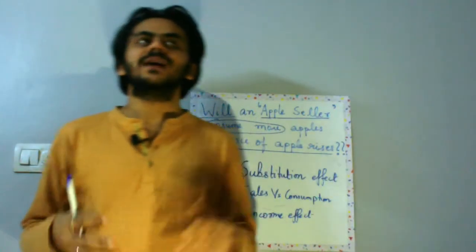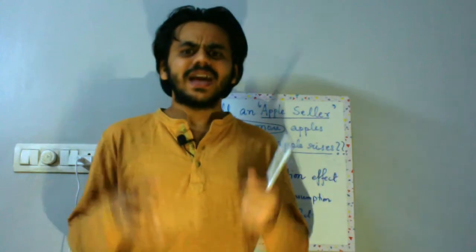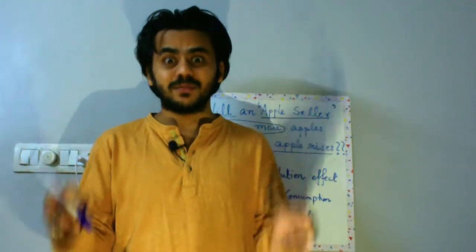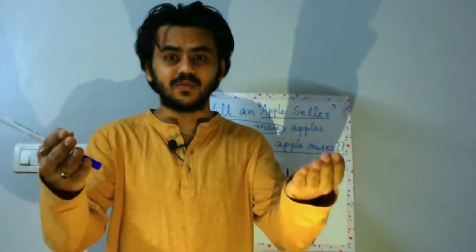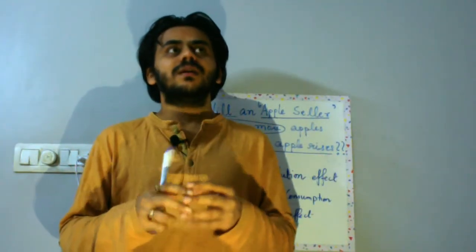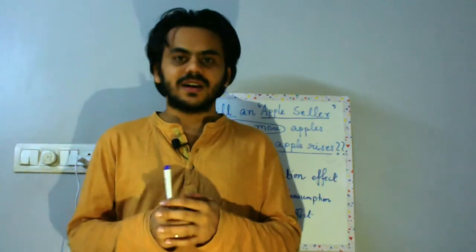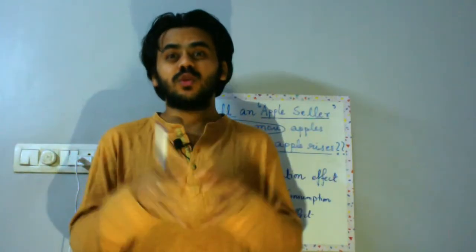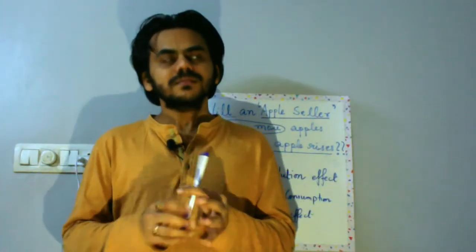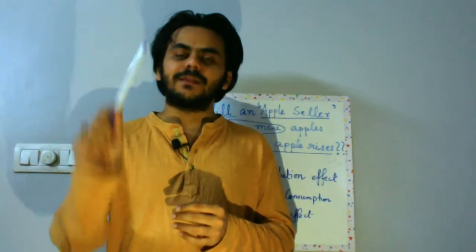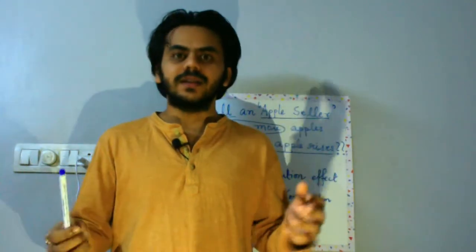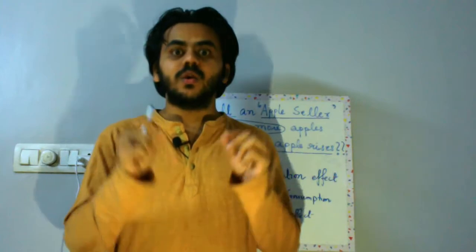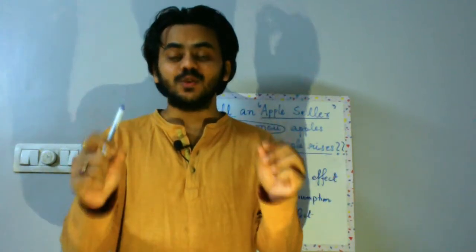A good example could be apple, both the Apple laptop on which I'm shooting this video and the apple fruit which you might eat on a daily basis if you want to avoid doctors. So if the price of that apple rises, definitely most of us are net buyers, so we would be consuming less of it.